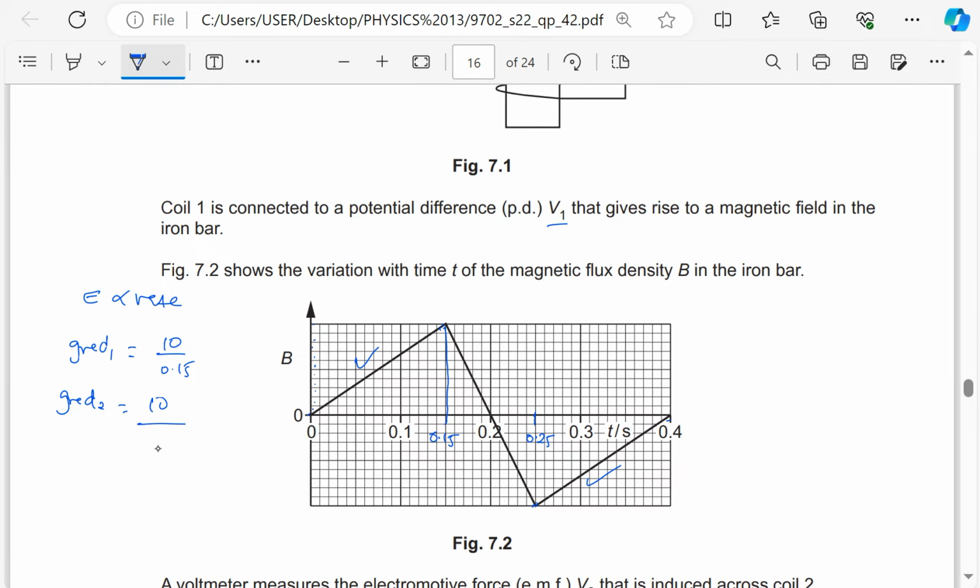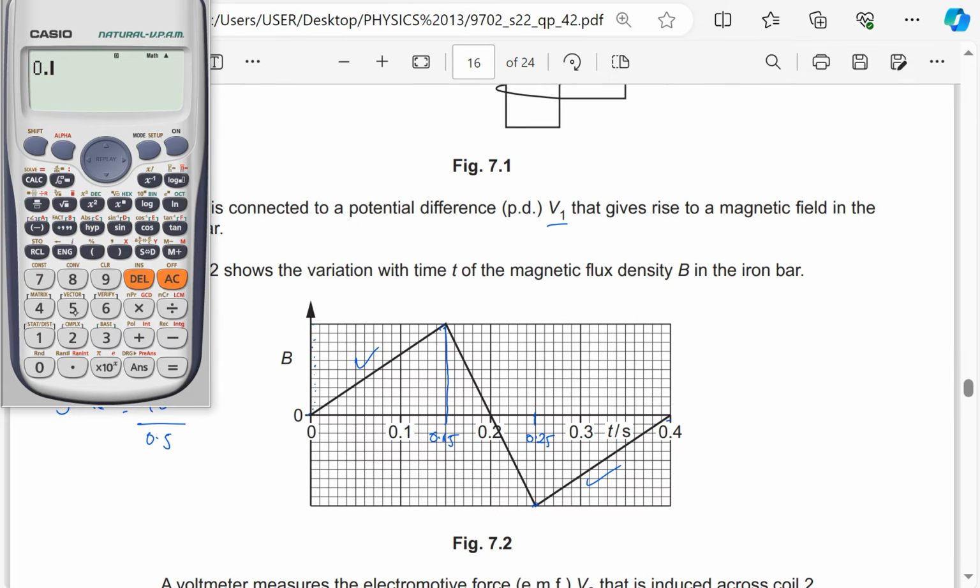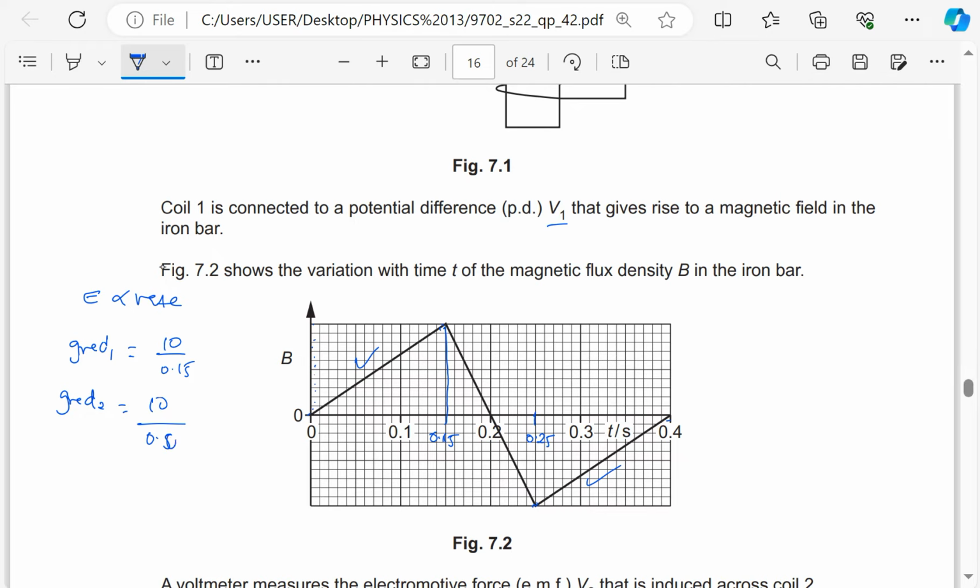Then on the x-axis it is between 0.15 and 0.2. Let me check again. 0.2 minus 0.15 is 0.05.